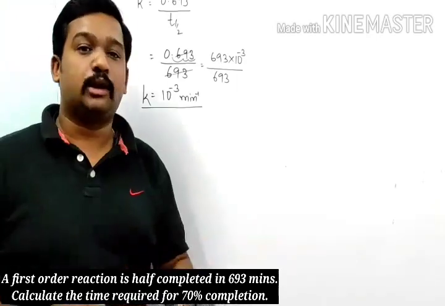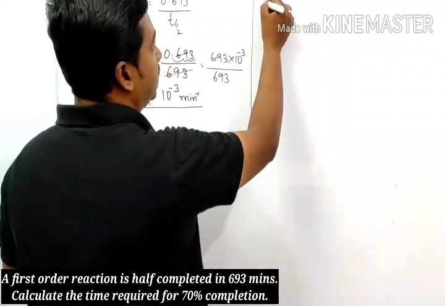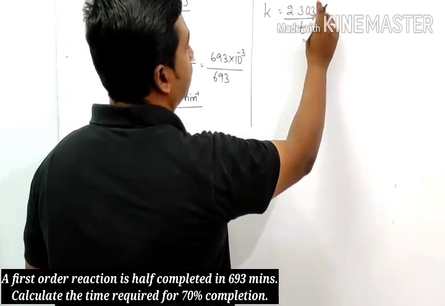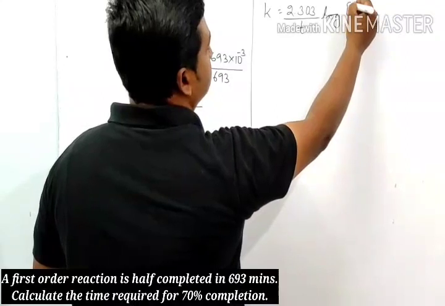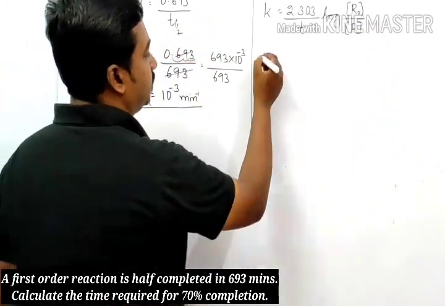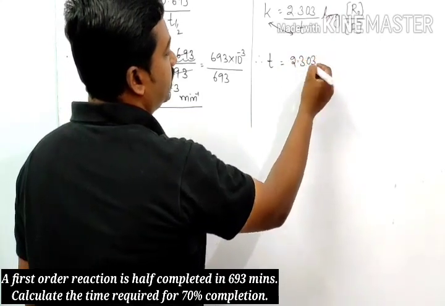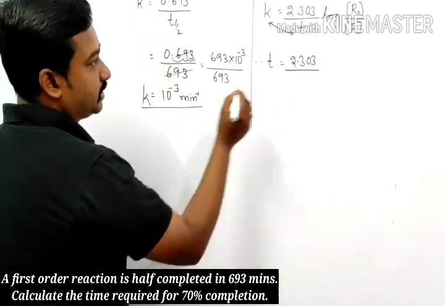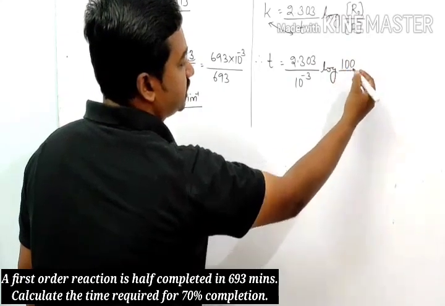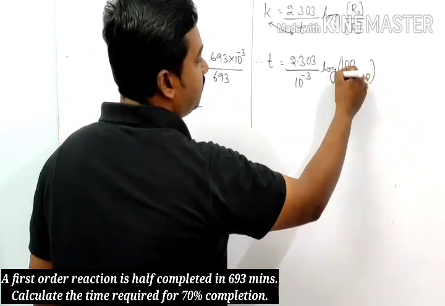Using this, we want to calculate the time required to complete 70% of the reaction, for which I will consider the equation of rate constant, that is K equals 2.303 by T into log of initial concentration by concentration at time T. So T is equal to, cross multiply these two terms, 2.303 divided by the value of K, that is 10 power minus 3, into log of R0, which will be 100%, that is initial concentration, and it's given as 70% completion, so 100 minus 70.